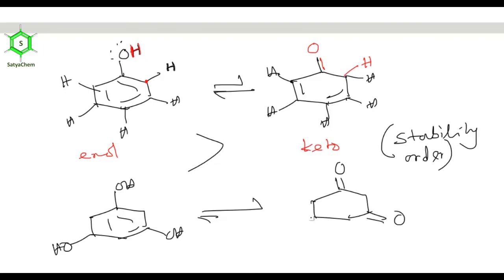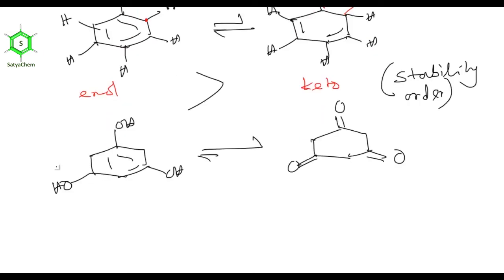This will be the keto form. Try to draw it by yourself. Okay, it's very easy. This is keto form. But now why is this keto form more stable than this enol form? This is keto form. This is enol form.